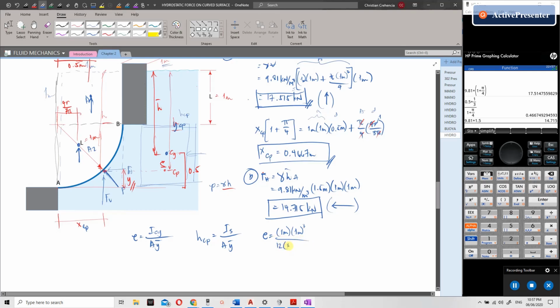The area is 1 meter by 1 meter, then our y bar, which is 1.5, from the liquid surface to the centroid. So this becomes 1 over 12 times 1.5.